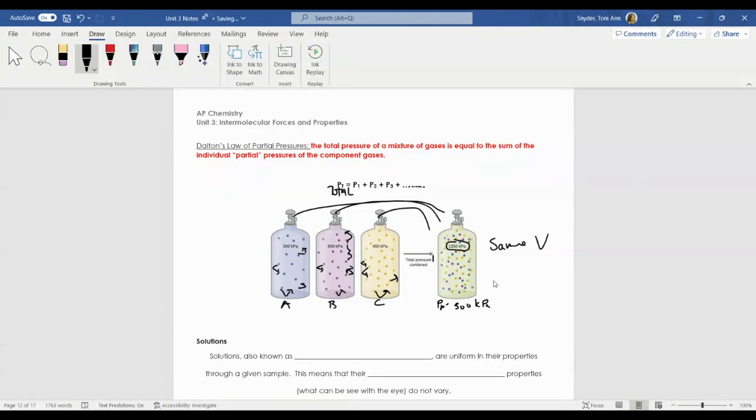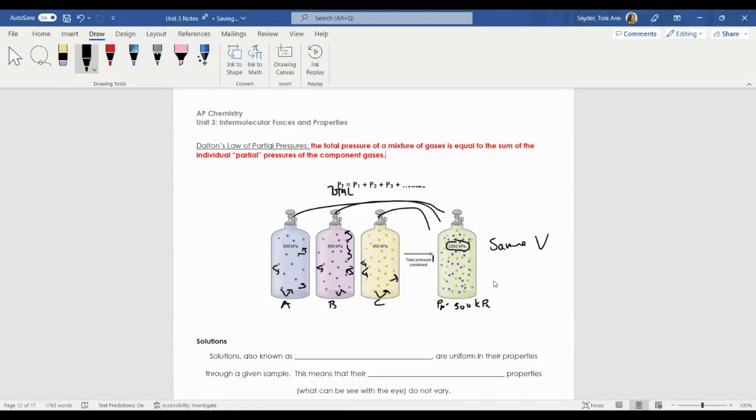Granted, the total pressure is greater, because when you combine all 3 of those gases, they put a much stronger force on the walls of the container. But A is exerting the same force throughout, because I didn't add more moles of that gas. So that's what we call the partial pressure. A still exerts the same partial pressure. Same as B. B still exerts the same partial pressure, 600 kilopascals. And that's because these are all at the same exact volume.